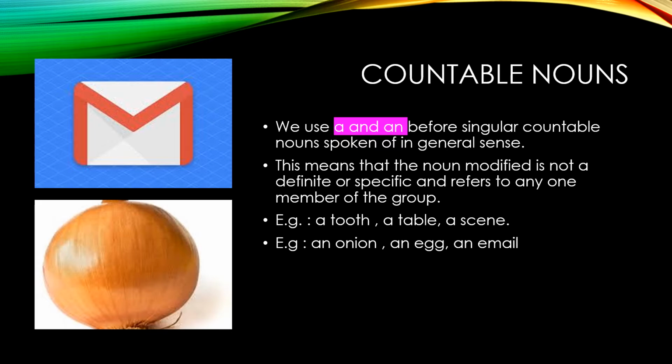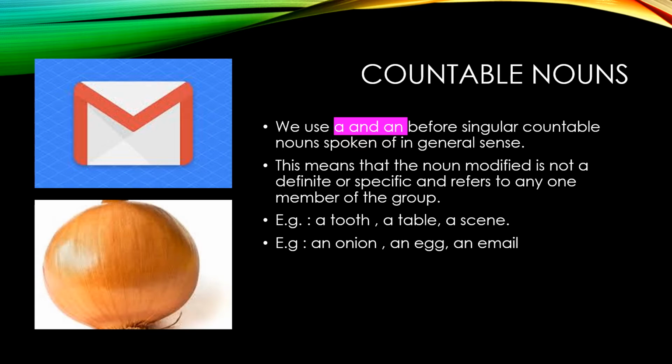Where else do we use indefinite articles, students? Please pay attention. We use a and an before singular countable nouns spoken of in a general sense. This means that the noun modified is not definite or specific and refers to any one member of the group.